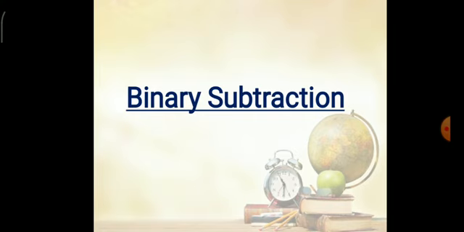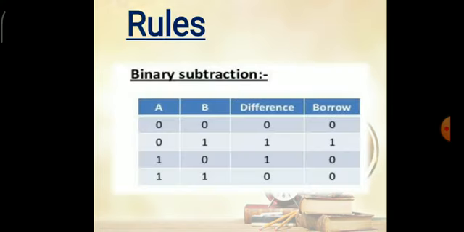The binary subtraction is also based on some rules. The rules are: if you subtract a 0 from a 0, the difference will be 0, and there will be no borrow. If you subtract a 1 from a 0, the difference will be 1 and the borrow will be 1.